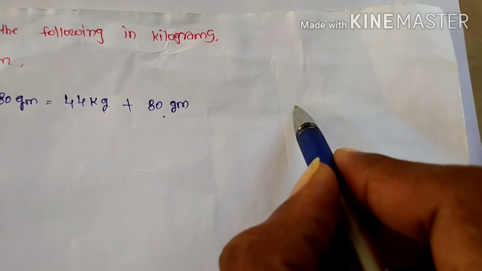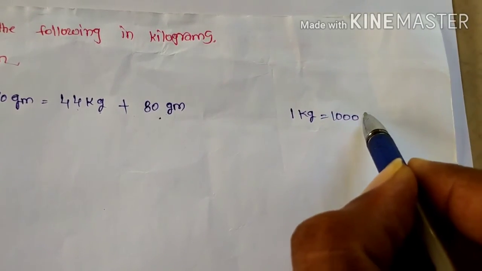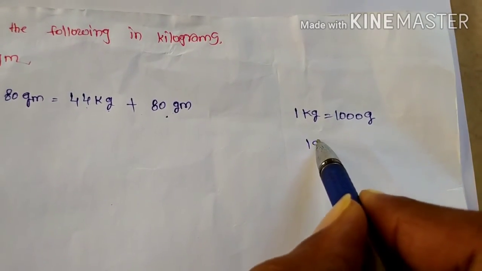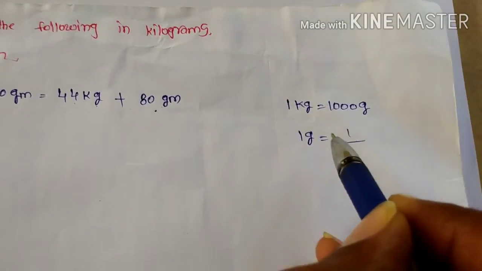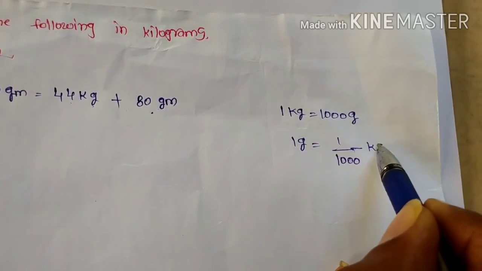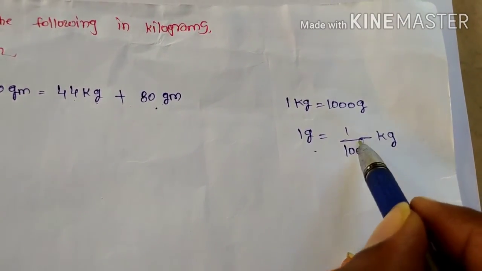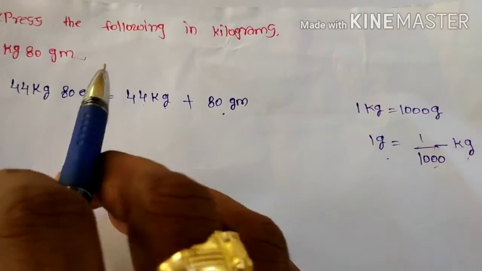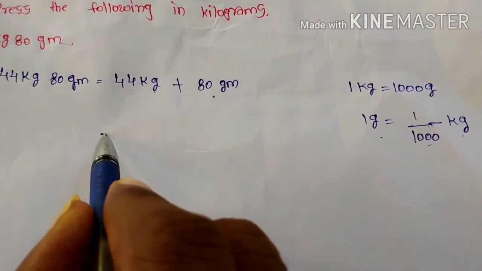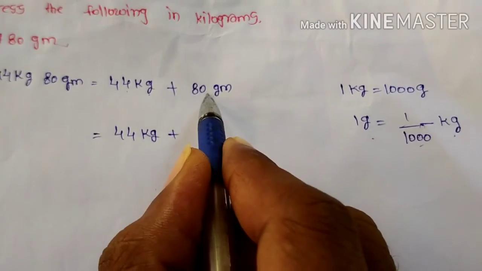Just now we have discussed 1 kg is equal to 1000 grams. 1 gram is equal to 1 by 1000 kilograms. Yes or no? So I am writing here 44 kilograms plus 80 grams.